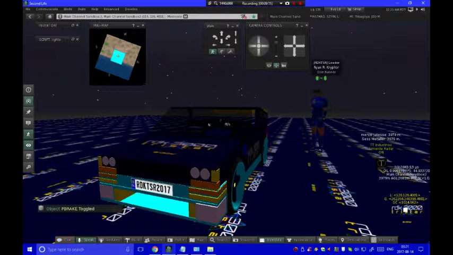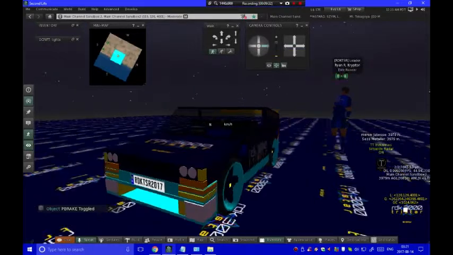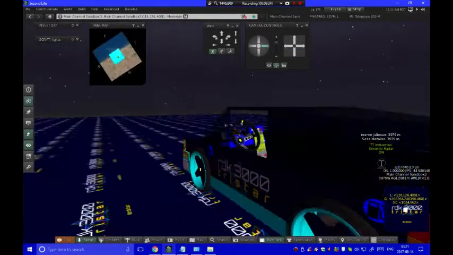Oops, invert, parking brake. If N, you go back to kilometers per hour.